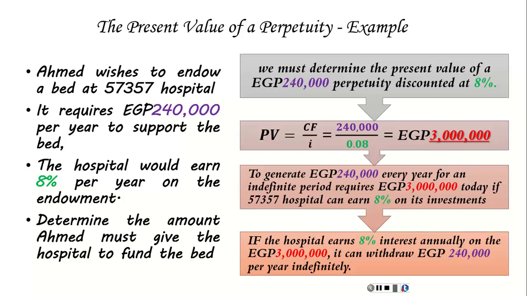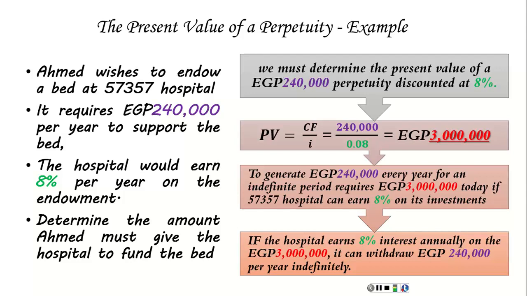In short, Mr. Ahmed wants to finance one bed in hospital 357. One bed in this hospital needs 240,000 Egyptian pounds per year.